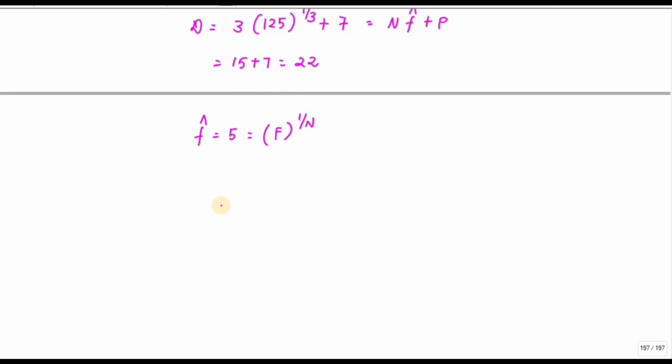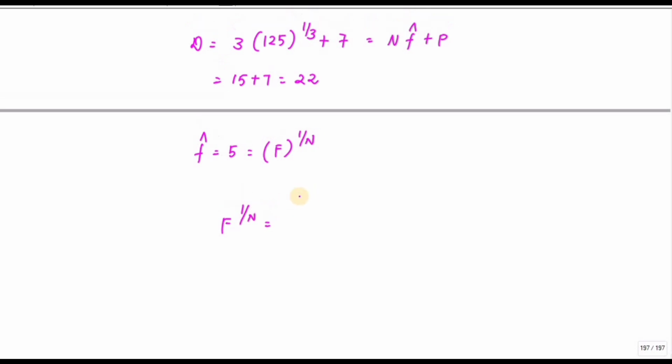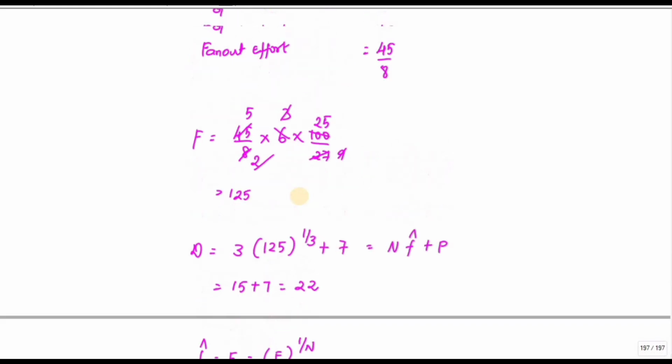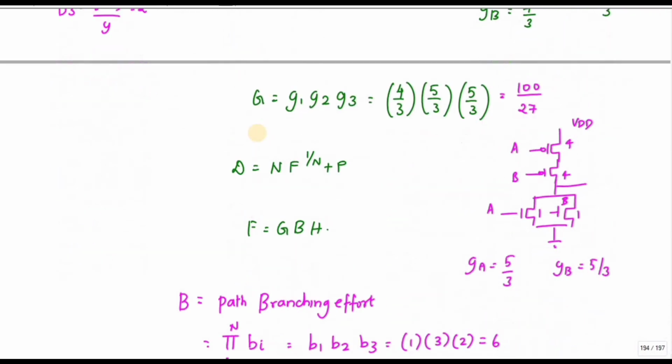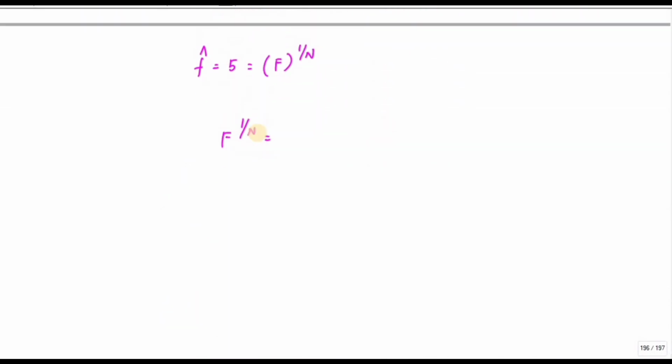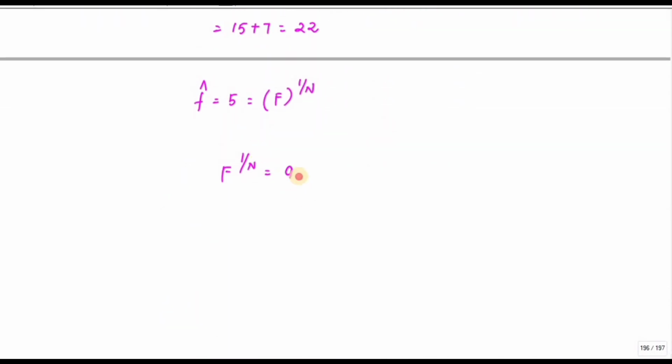So if I want to find the value of Y, so F power 1 by N, that is equal to G3 into B3 into H3. Okay. G3 into B3 into H3.